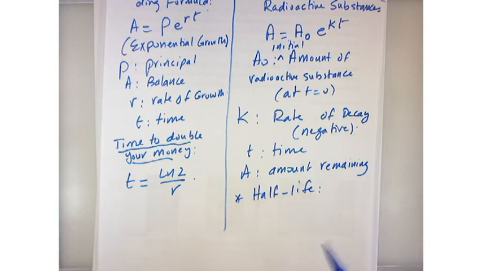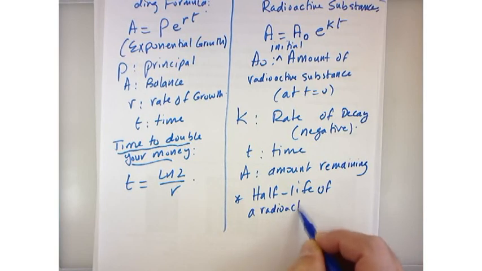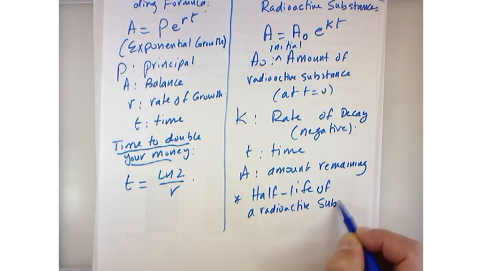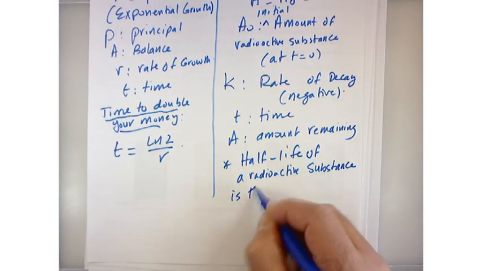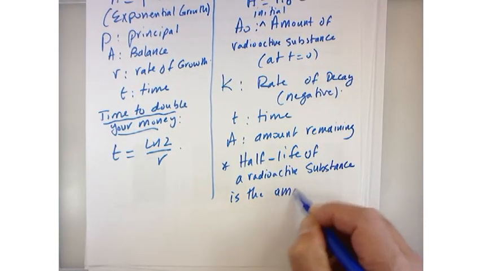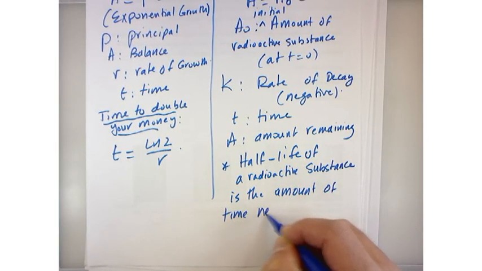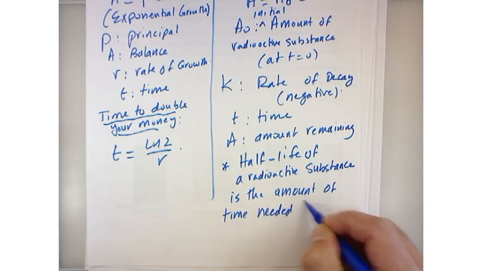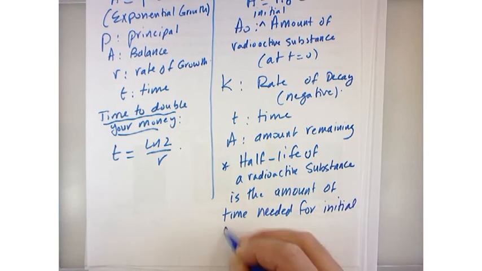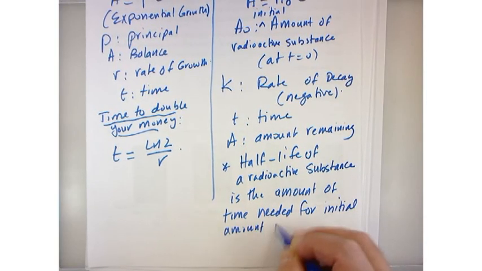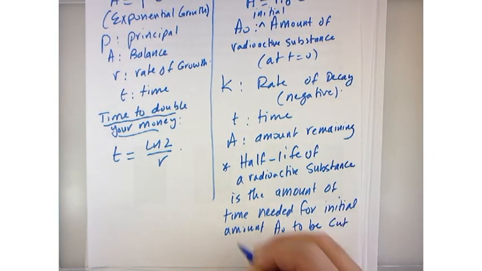It's the half-life of a radioactive substance. The half-life of a radioactive substance is the amount of time needed for the initial amount A sub 0 to be cut in half.